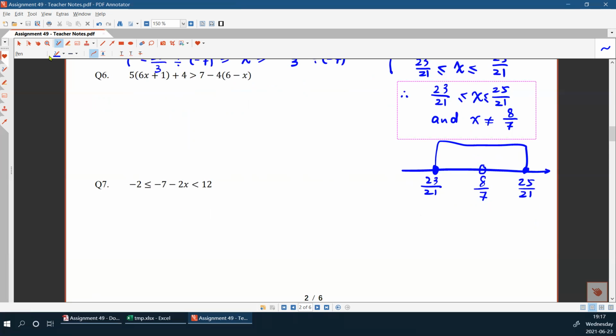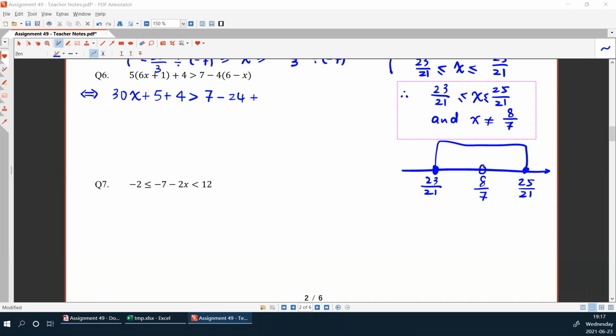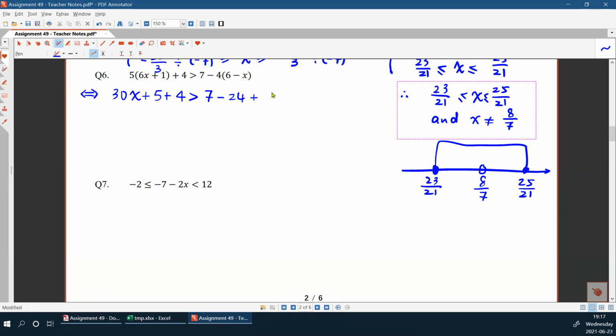Question 6. We can just expand each term. The left-hand side gives us 30x plus 5 plus 4, greater than 7 minus 24 plus minus 4 minus x, which gives us 4x, right?